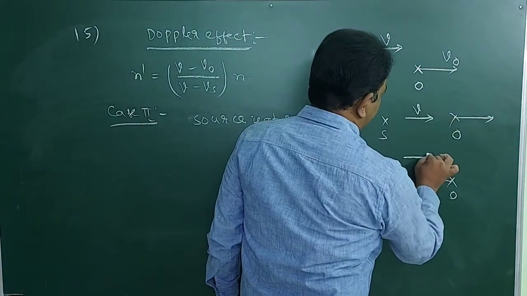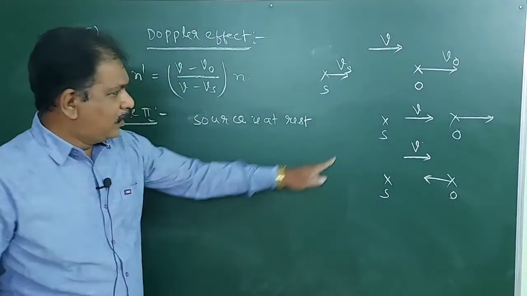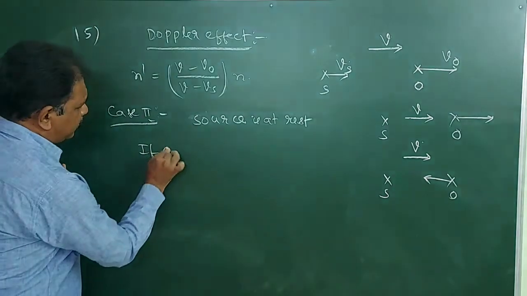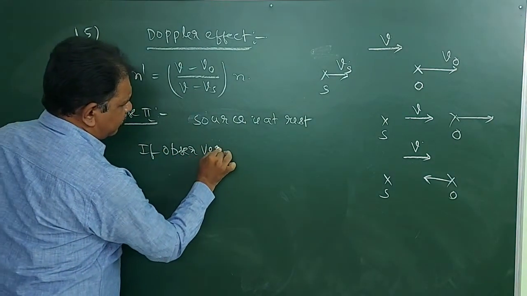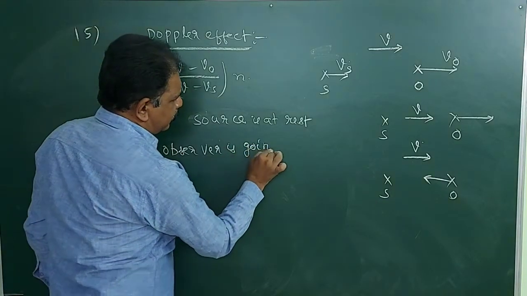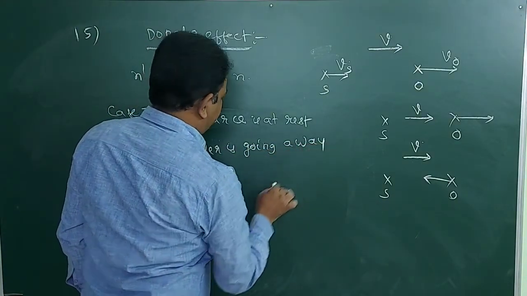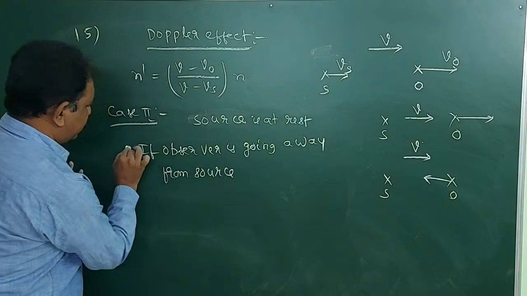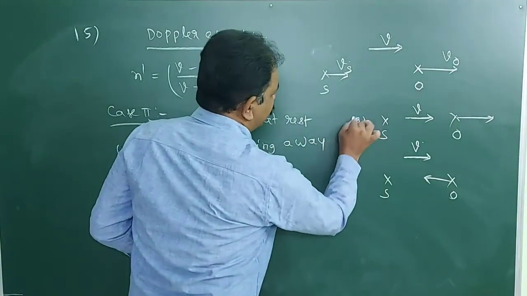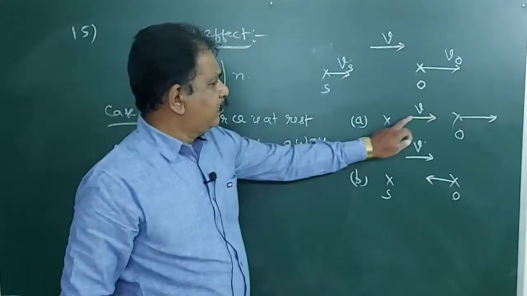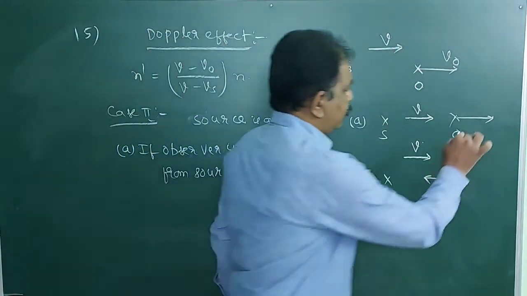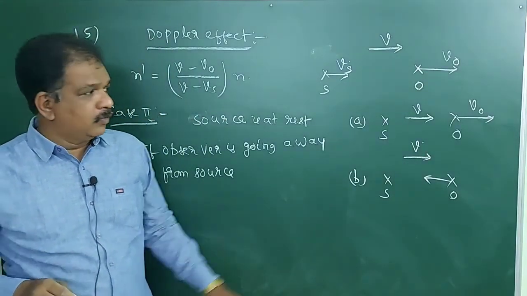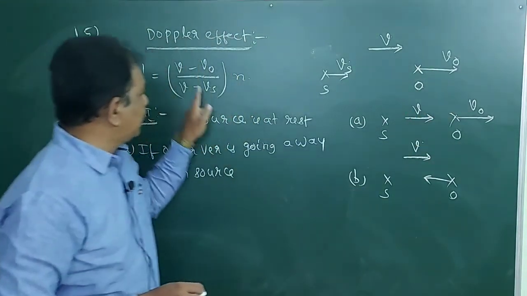This is the velocity of sound. Here both are in the same direction. If the observer is going away from the source, VO will be plus VO because these two are in the same direction.